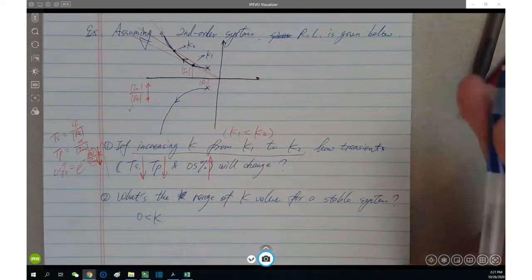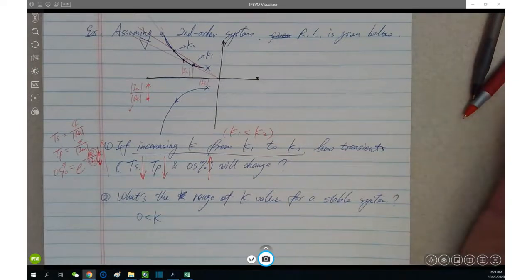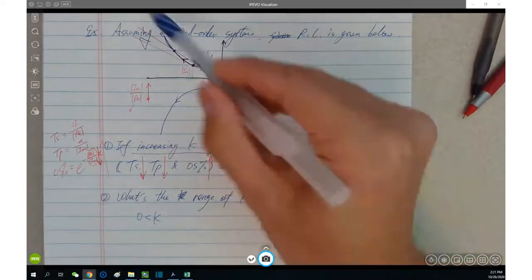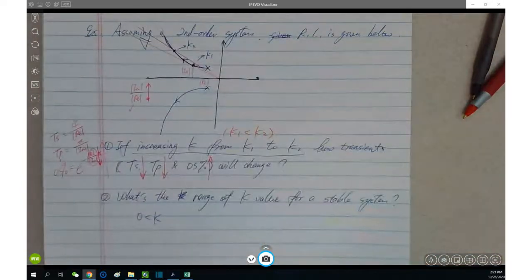So it doesn't matter what the K value is, as long as it is growing from 0 to infinity, the system is always stable, because look at your poles. The path of poles always falls into the left-hand side of the plane. There's no chance for the root locus to reach the right half plane. Good.